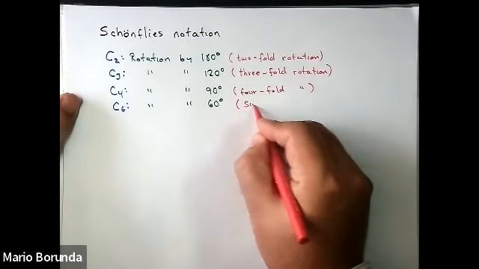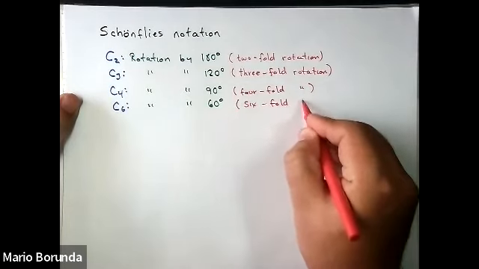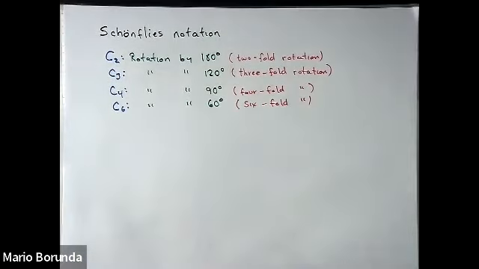There's the sixfold. What happened to fivefold? Does anybody know? I showed you a star, right? And the star has fivefold symmetry. But it turns out that for periodic crystal systems, and the keyword is periodic, there's no fivefold symmetry.